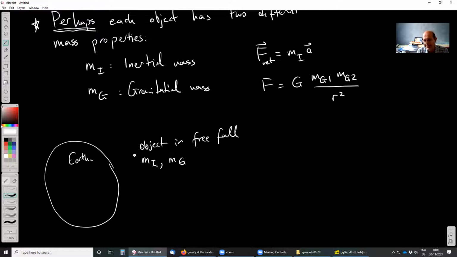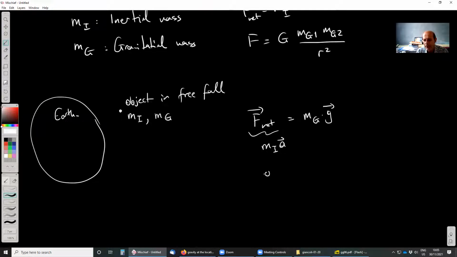Let's see what the acceleration is. The net force acting on it is equal to its gravitational mass multiplied with gravity. And because of Newton's second law, that's inertial mass times its acceleration. Therefore, the acceleration would be equal to the gravitational mass divided by the inertial mass, times the gravitational acceleration. So it's basically the ratio between these two.